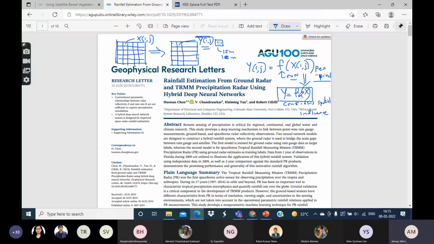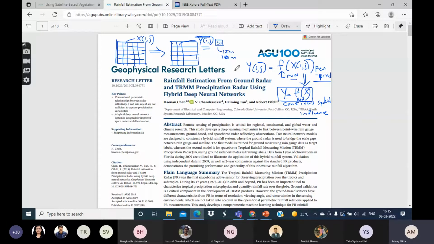So the target in this case is to learn some kind of a neural network which maps from these kinds of images to the variable which I am interested in. Now, these kinds of images might be obtained from different sources.